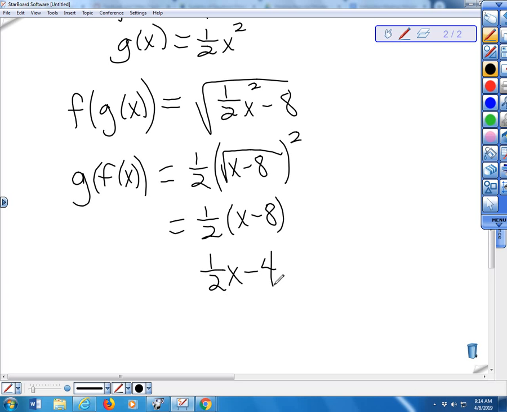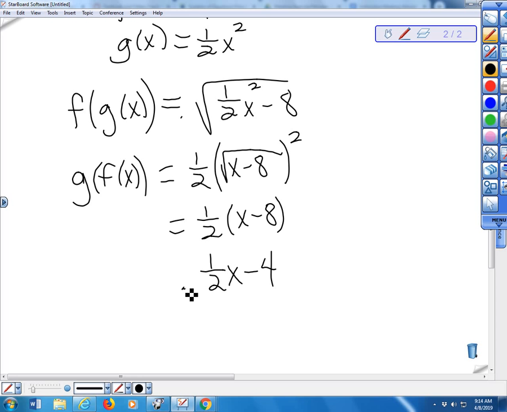Can you simplify the square root of 1/2 x squared minus 8? No. I know that the 8 is negative, but you can't just take the square root of this and the square root of this. Okay, so this is f of g of x, and this is g of f of x.